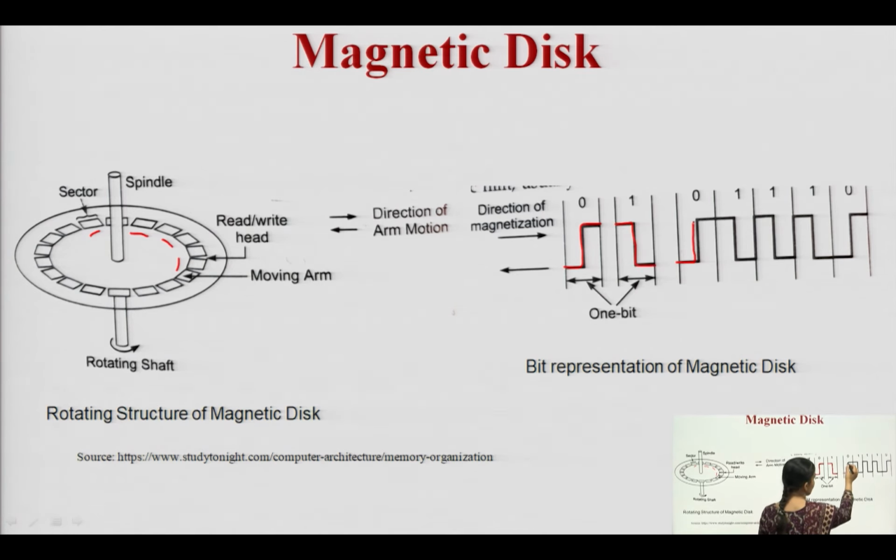There is a magnetic coating of magnetic material, and this is the direction of magnetization in which we can store one bit, either 1 or 0. Their ASCII code will be converted into one alphabet, and we will be processing that data in our ALU.